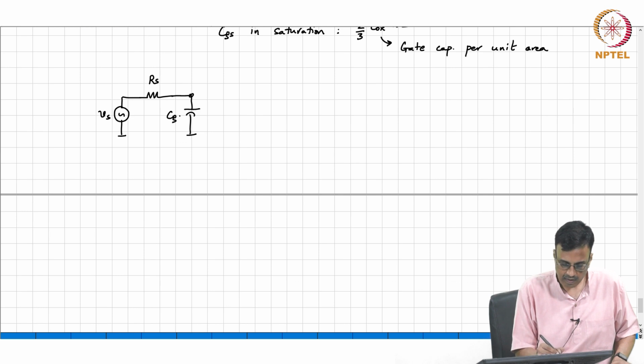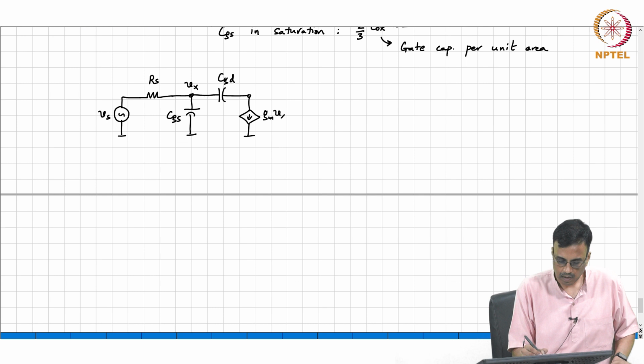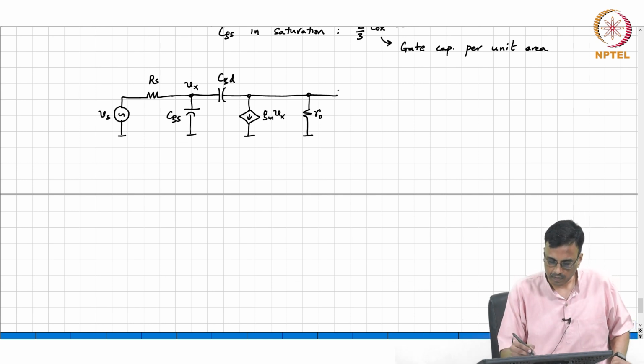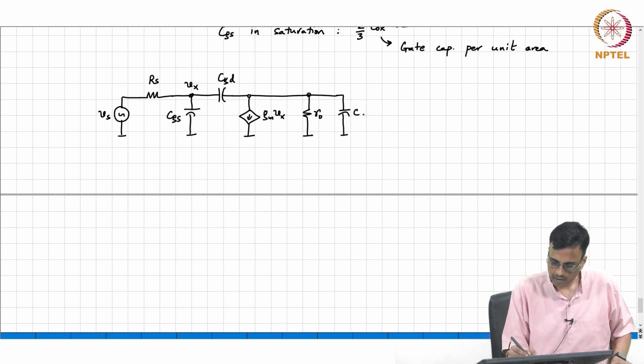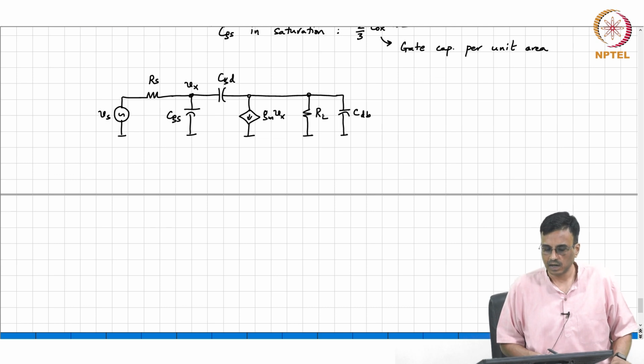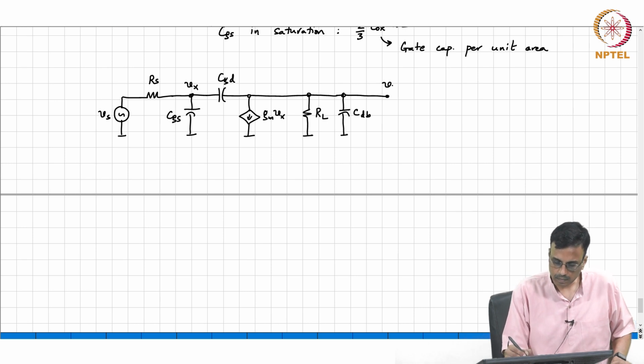So, this is CGS, this is CGD, let us call that Vx, this is GMVx, this is RO, this is CDB, and this RO and RL I am going to club together into one resistance, load resistance RL, right, and this is VO.